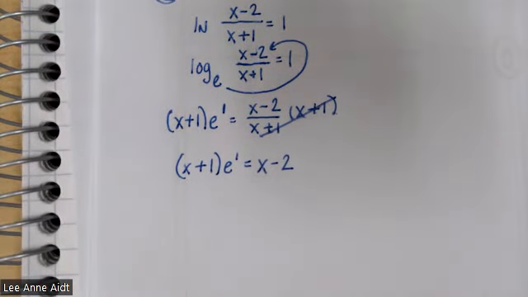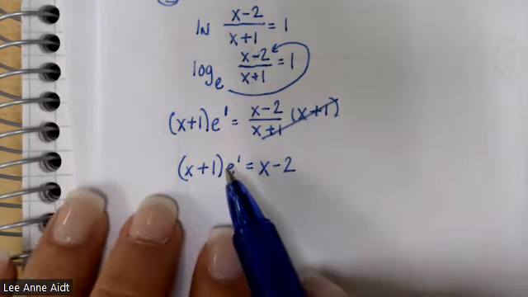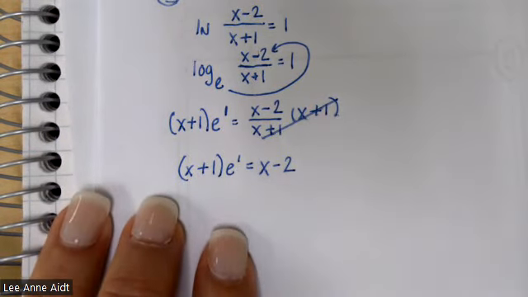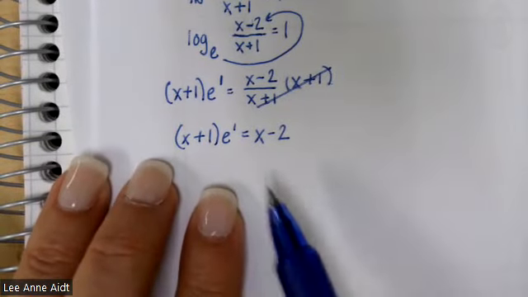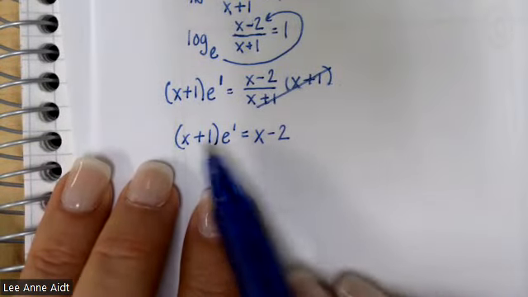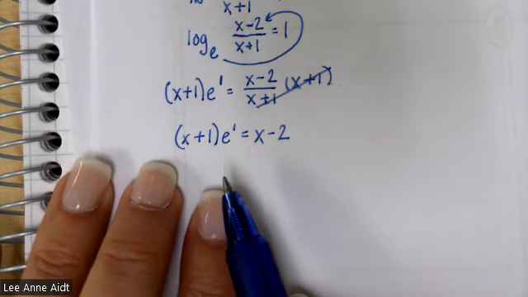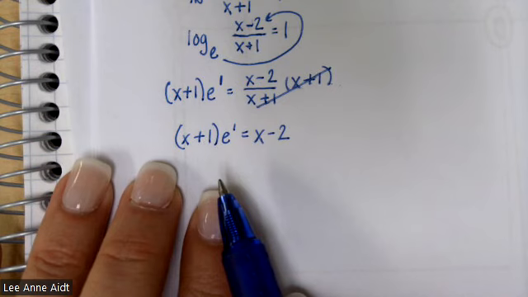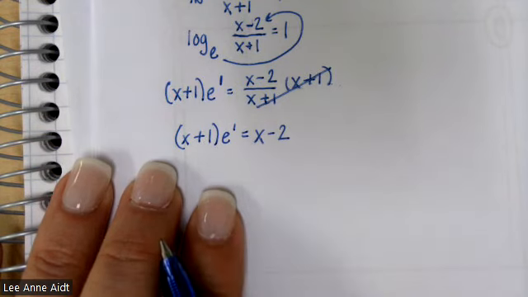Now this is where it gets a little weird, because your brain, from being told to distribute your whole math career, really wants to distribute. But that's not going to get you anywhere, because you want to get x by itself, so we have to combine stuff first here.